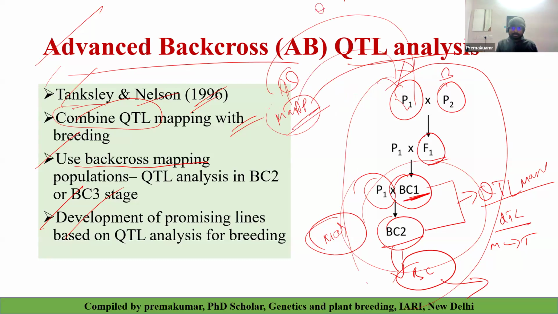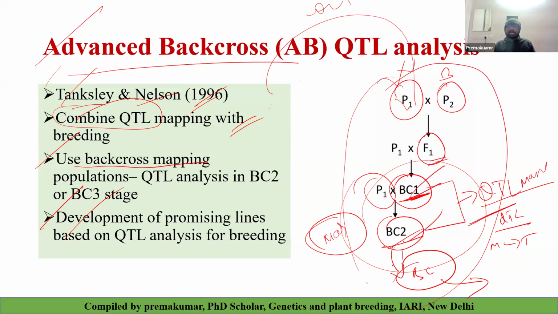But in AB-QTL mapping, you directly generate the breeding populations BC1 and BC2. Here only you identify the QTL, and here only we use it in the next population, so your time will be saved. This is one of the methods called advanced backcross QTL analysis.